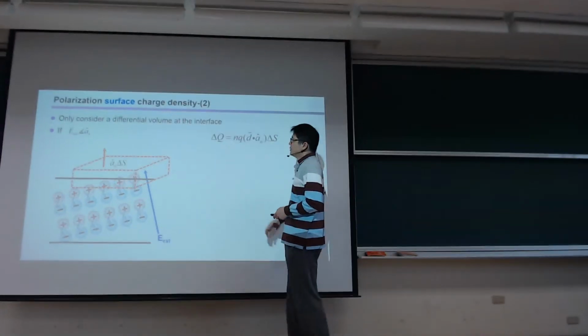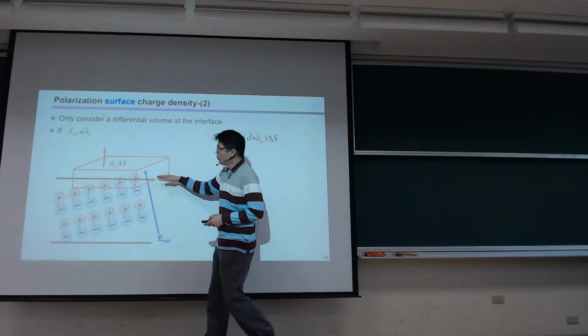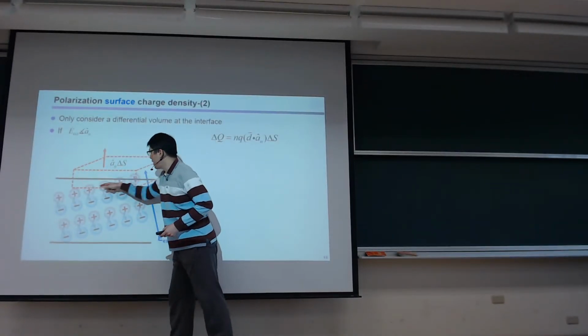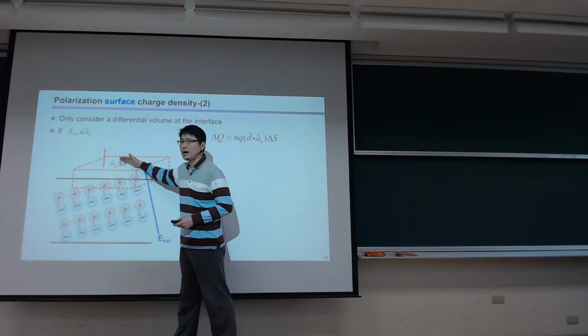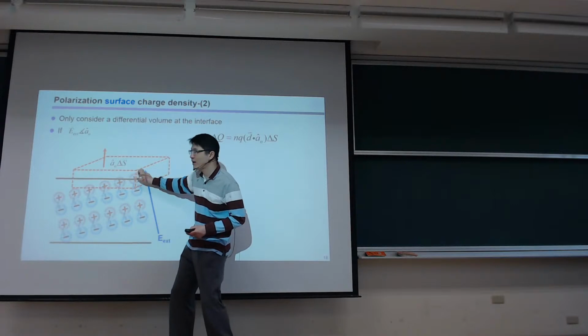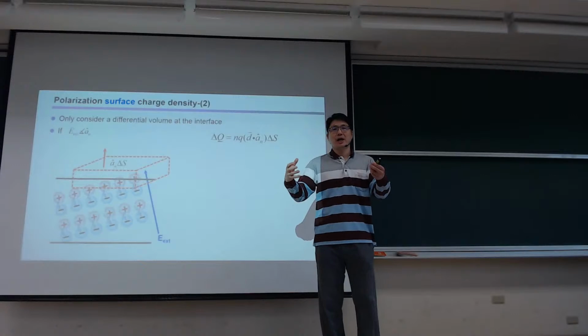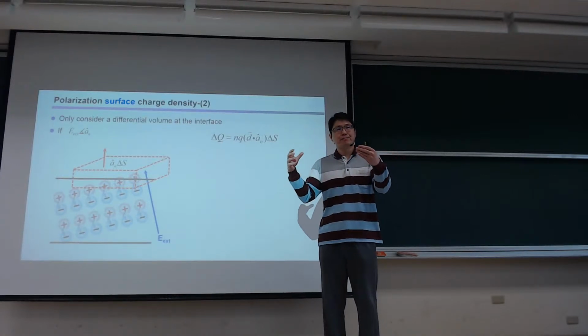All right, so the total amount of charge over this surface, I can just form a box, a box with a surface area on the top and a very, very thin height. And I just calculate how much charge is being encompassed by that box.